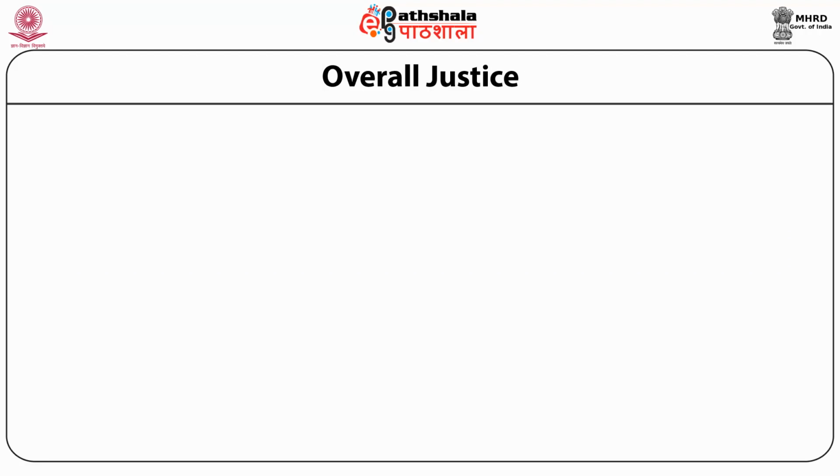These guidelines also tell you that overall justice is very important. All the benefits to the human subjects who are inducted or recruited in the research protocol should be without any bias of ethnicity.